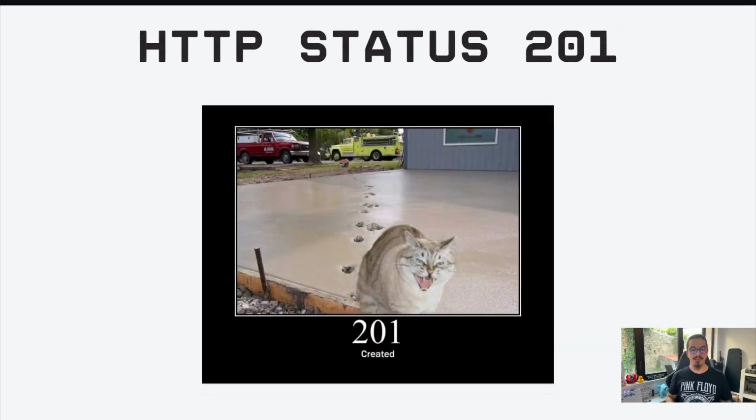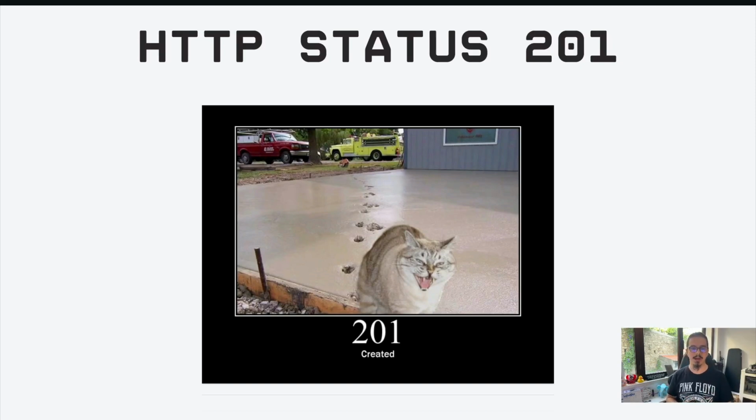Then we have the 201, and that's the message for created. There are a lot of APIs out there that don't use this status code and just use 200 for everything, as I said. The most common place to use the created 201 status code is when the user is creating a new resource.